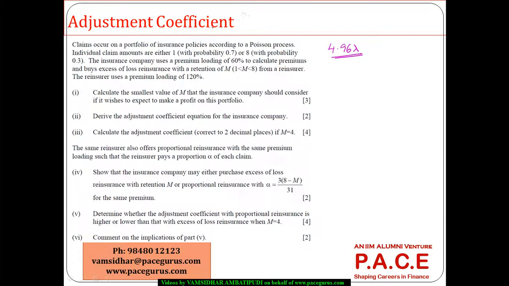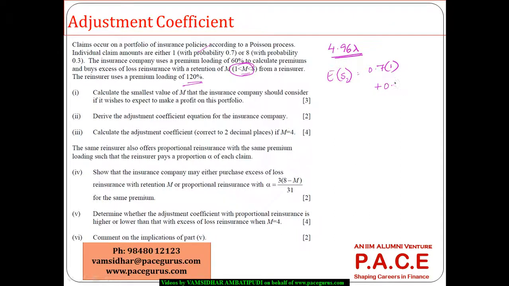And now we are saying there is a possibility of reinsurance. Because there is an excess of loss reinsurance, and the retention limit is M, the expected claim payout with the reinsurance is as follows. There is a 70% chance that he'll pay 1, and for that 1 the reinsurance limit does not apply.